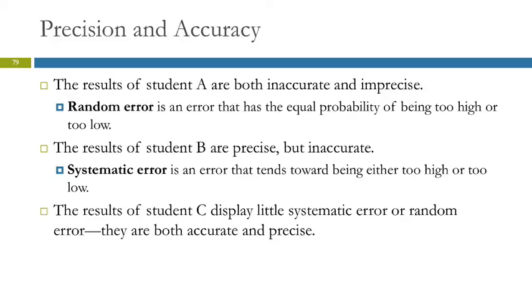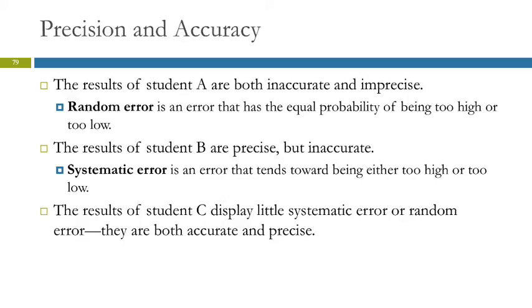The way you can get around random error is to take lots of measurements. If you measure it once, you don't know. But if you measure it 10 times, the error has an equal probability of making your value too high or too low, and so when you average the results, the errors average out and you can get rid of it that way.